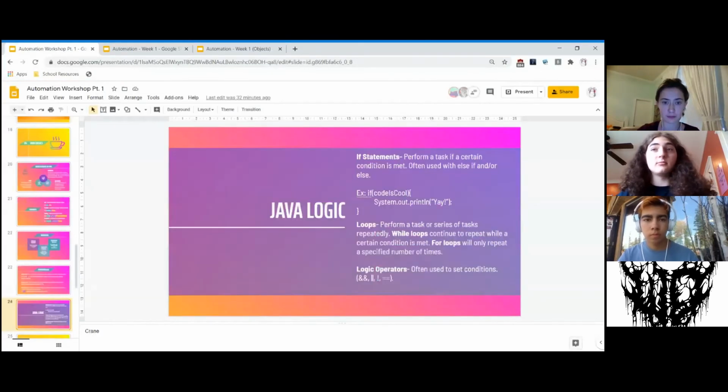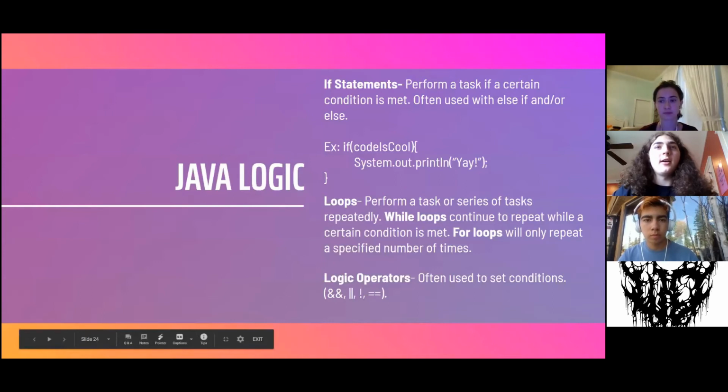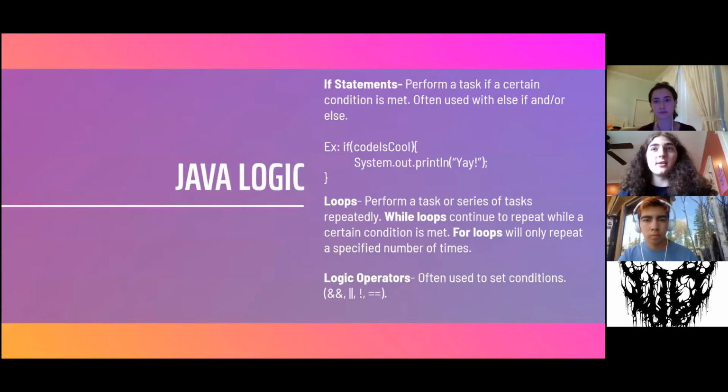So next, we're going to go into the Java logic. We have some of the elements of logic here. The first thing to understand is if statements. If statements are very, very frequently used. It says perform a task if a certain condition is met, essentially saying, if this is true, then do this.